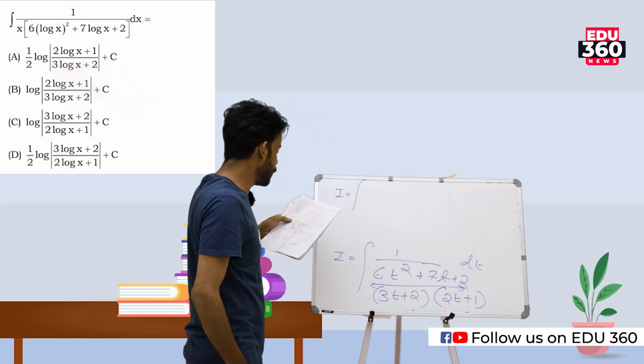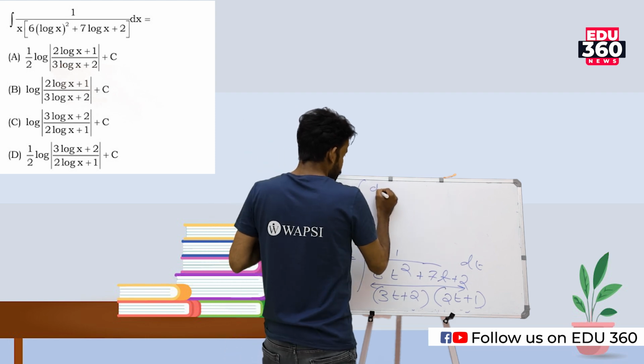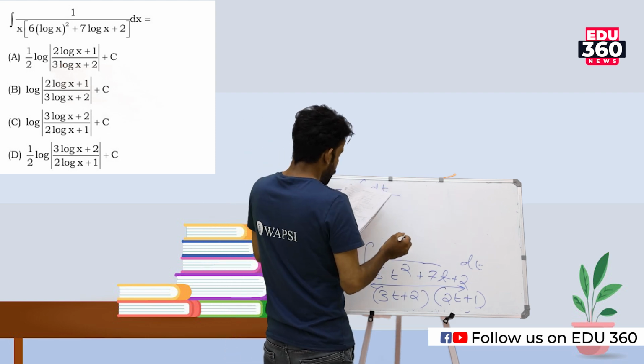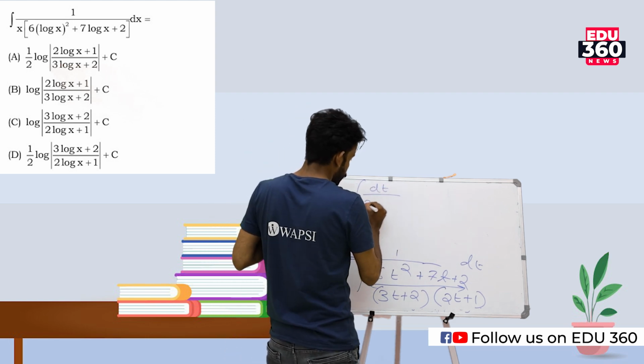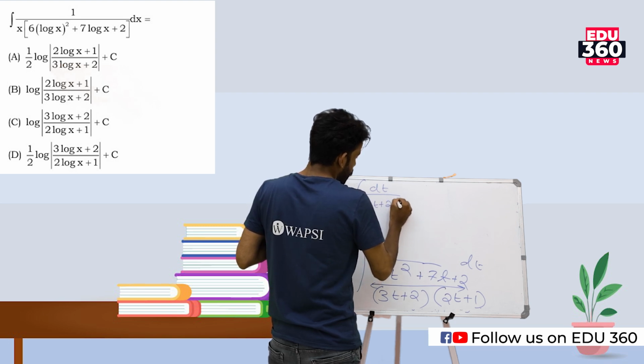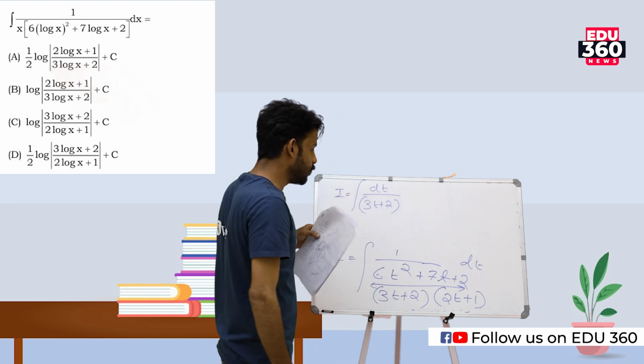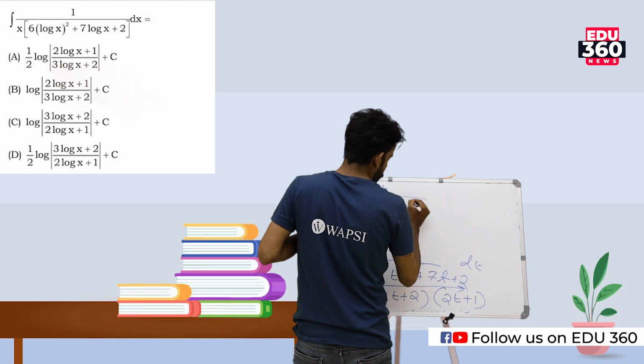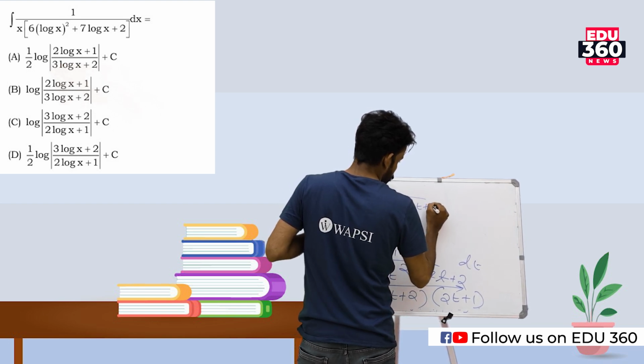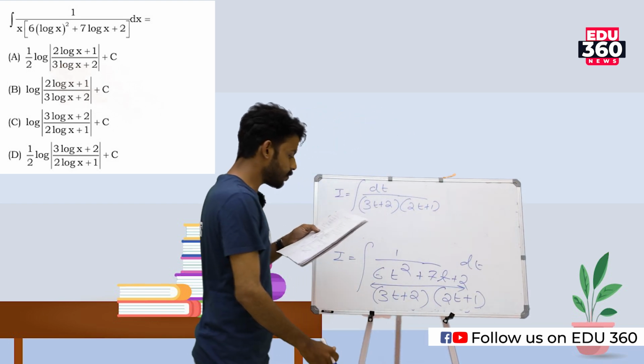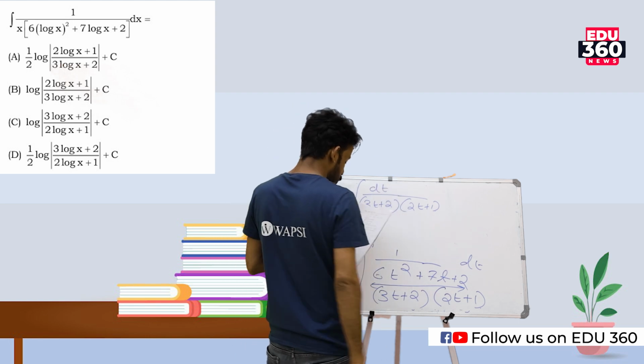Okay, so in the next step, we can write I as the integral of dt divided by (3t+2)(2t+1) dt.